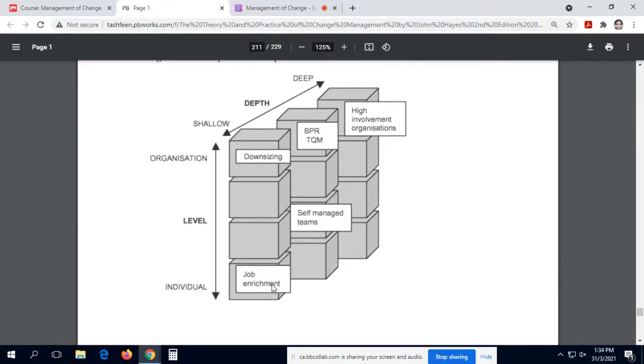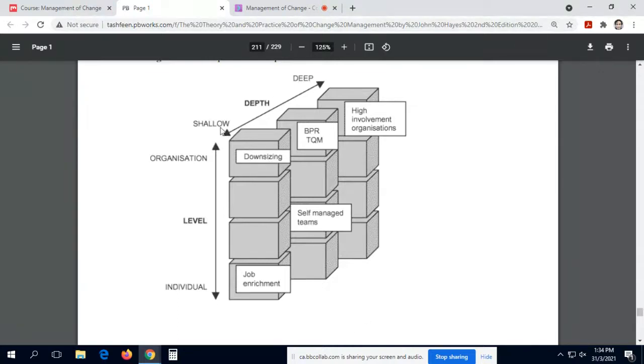It is from your organizational behavior course, MGMT 2008, job enrichment. You are enriching their job by some experiences which they would like to have, or they fancy in their job. On the other hand, at the organizational level, you might want to downsize because of cutting costs, keeping only the right talent, only the useful talent, and so on.